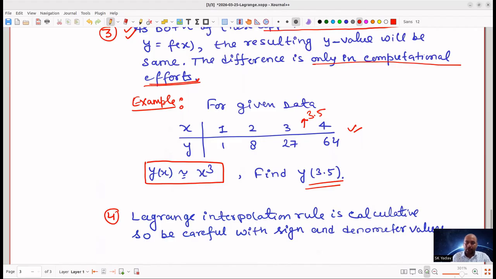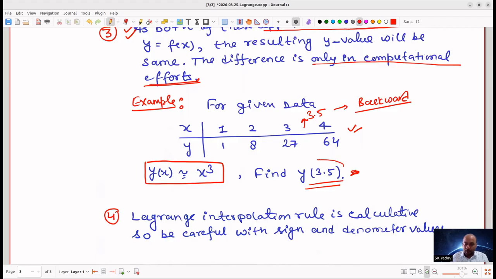Because the spacing between data points is equal, ideally we apply the backward formula. I did this in the previous video, and we get the value of y, which was approximately, and remember this, so you can compute the value.